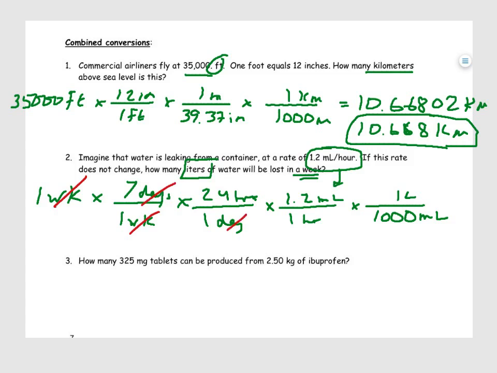Days will cancel. Hours will cancel. Mils will cancel. The answer is going to be in liters. The calculator answer is going to be 7 by 24 by 1.2 divided by 1,000. 0.2016 liters.